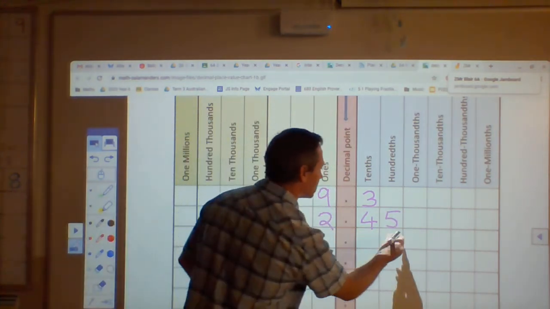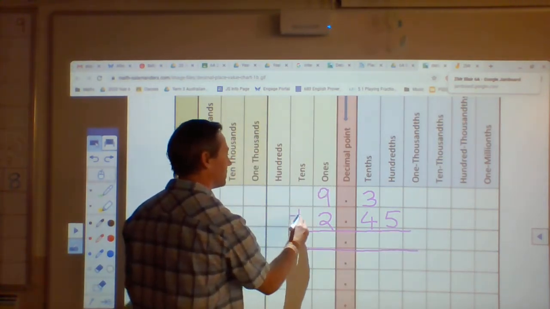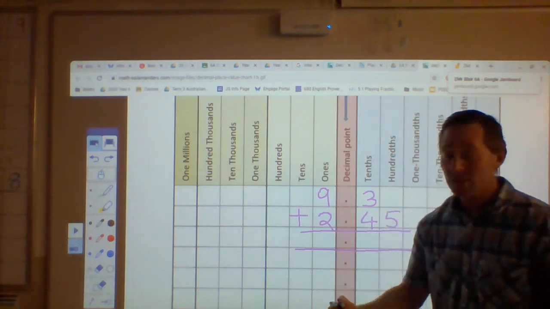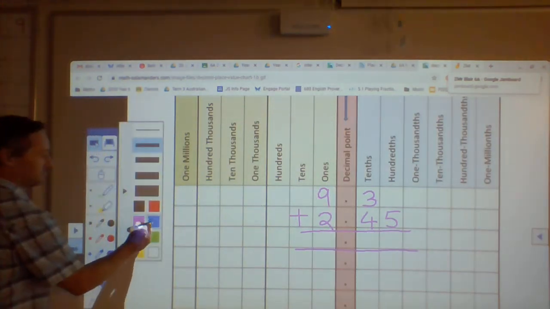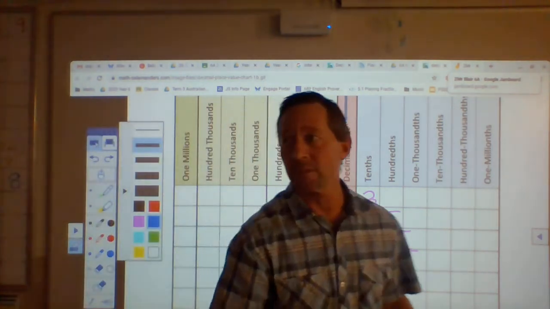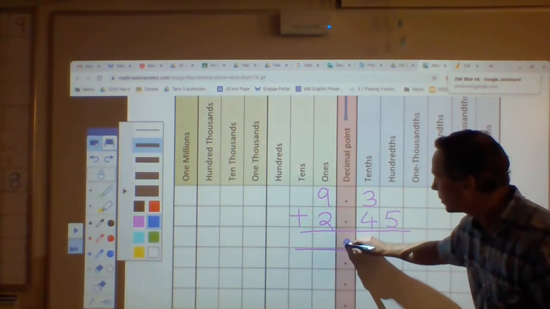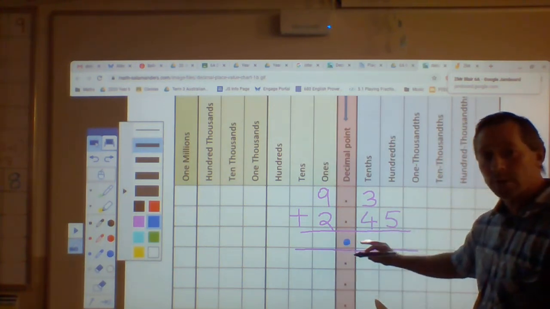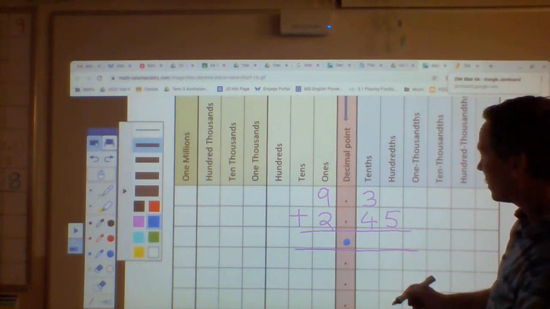What do we do now? If I was to add this, first thing Mr. Blair would do, change my colour, because I feel like that's what I'll do. In that case, I'm going to put my decimal point in first.